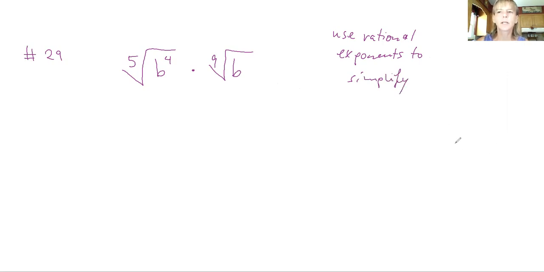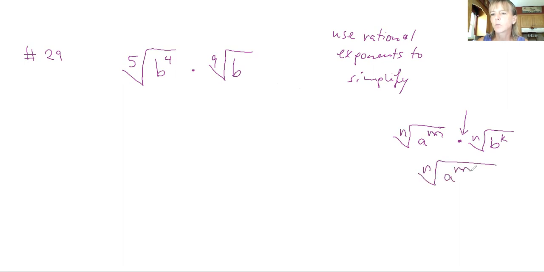And chapter 10 overall is a little odd, but you're going to learn soon that if the index is the same, and the exponents don't matter, this could be b to the k, it doesn't matter. But if the index is the same and you're multiplying, you are allowed to put them both under the same radical. You don't know this yet. I believe that's a little bit later in a section.